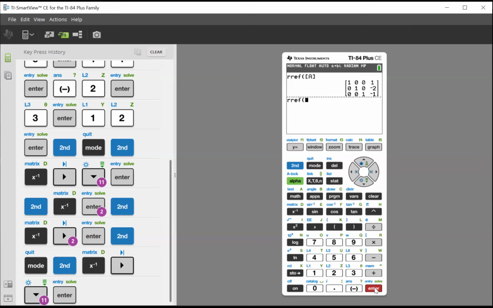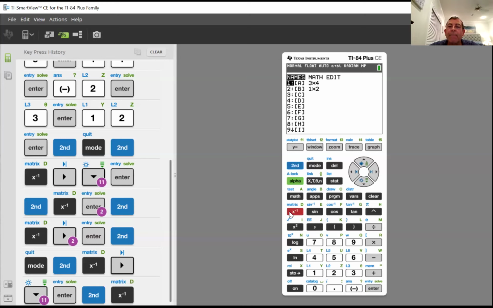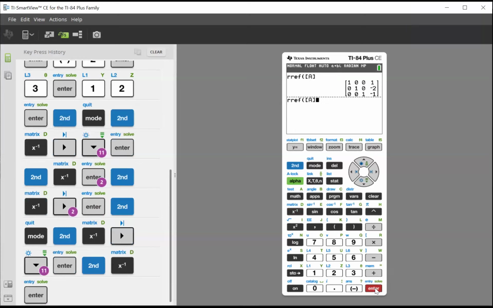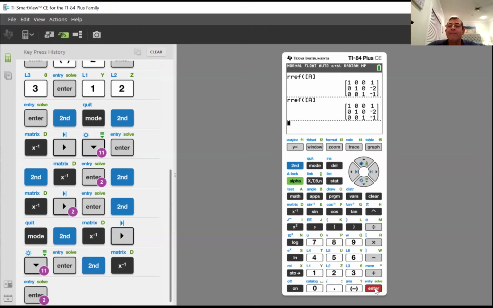All righty. So now we're going to go get the matrix. Hit second x -1. Your A should be your 3x4, so just hit enter. Right now your screen should say RREF, matrix, A if you used A. So guess what? Hit enter to get the answers.